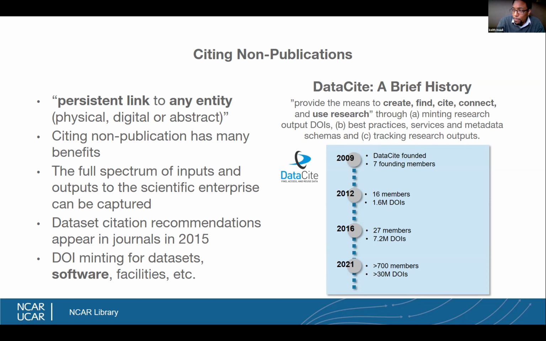And in 2009, an organization called DataCite was founded with 7 founding members. DataCite was really designed to address the problem of how we develop a strategy for making data as persistent as what was occurring with publications.